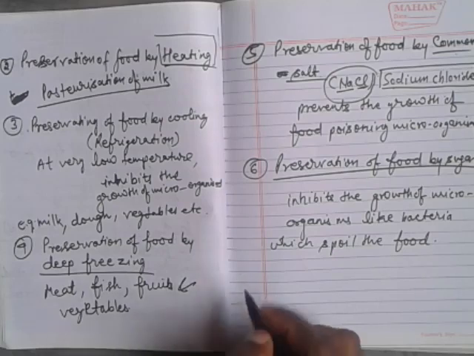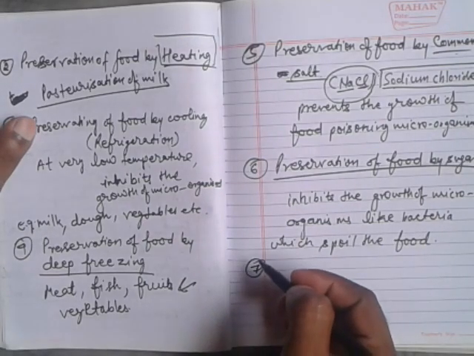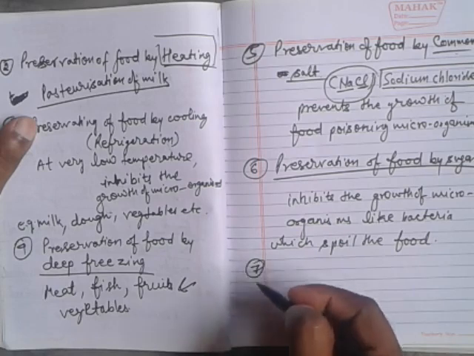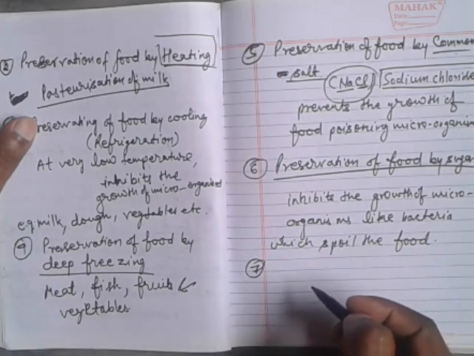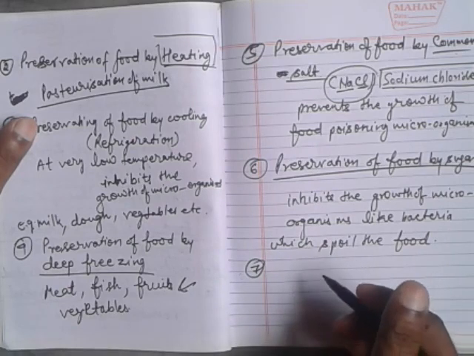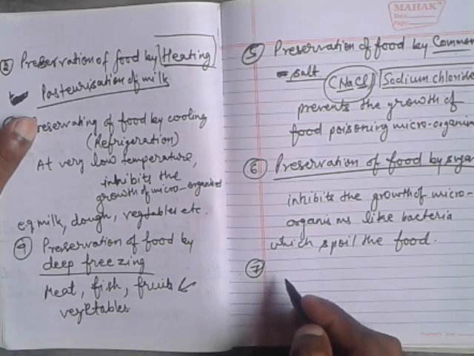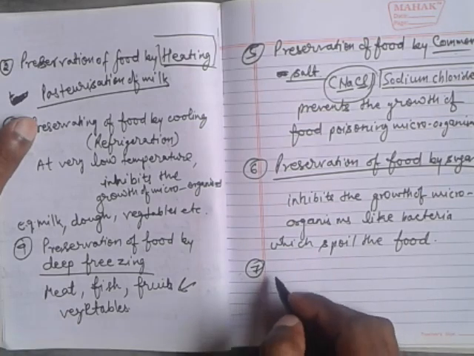The next method is we can also preserve the food by using mustard oil and vinegar. How vinegar is prepared, I already told about this in my earlier lectures.